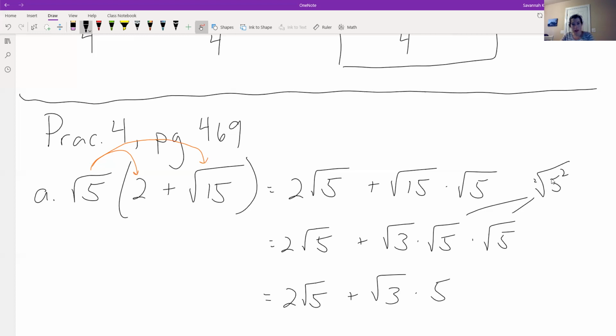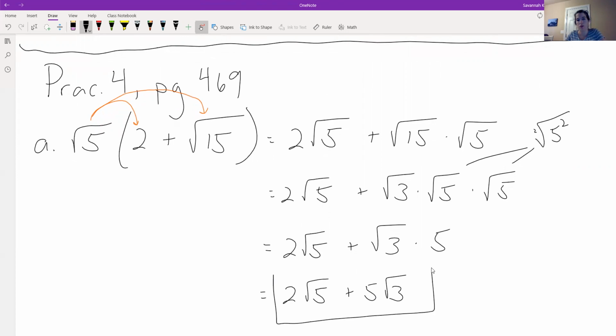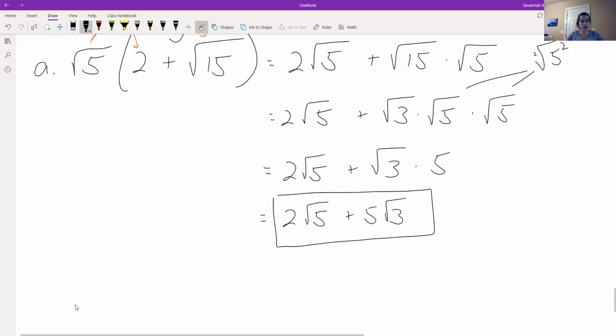A couple of different mechanisms for handling that. Either way, eventually you're going to unlock that 5. Okay, so 2 square roots of 5 plus 5 square roots of 3, and there we're stuck because we don't have like radicals, so we can't even ask ourselves about like terms. Right, so that was a little bit of practice with the distributive property. Not too bad, but a lot of thinking involved.